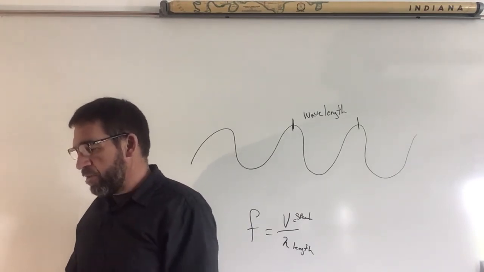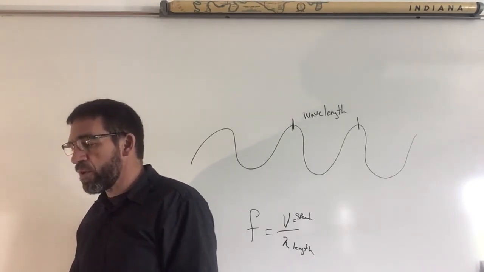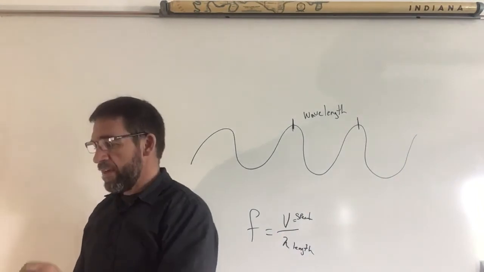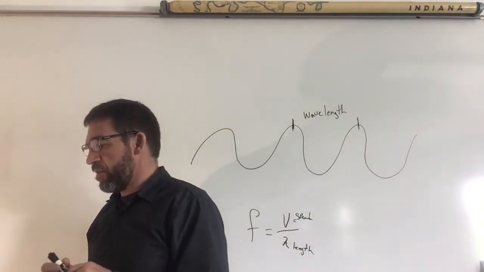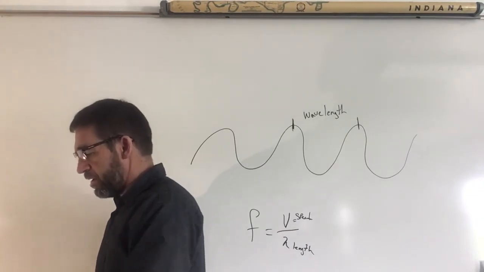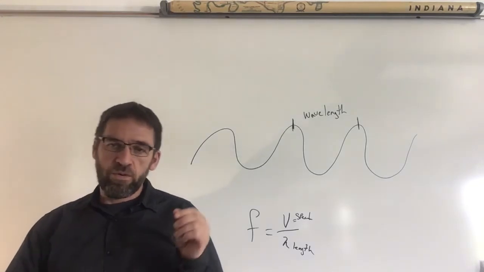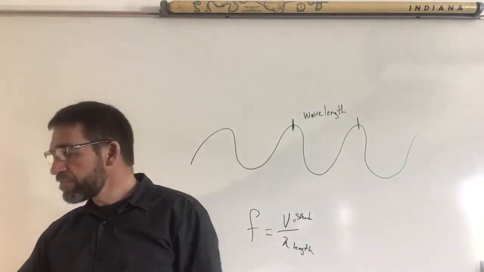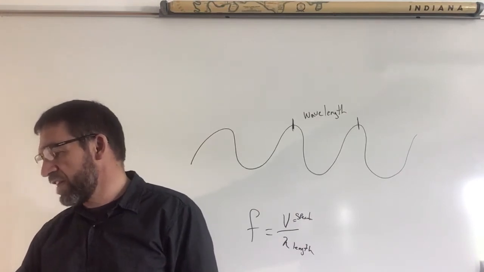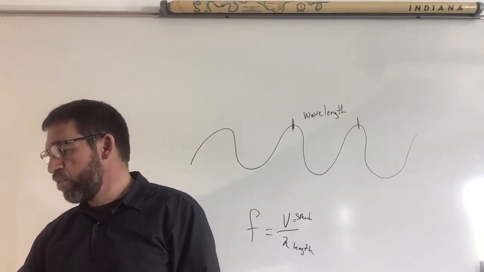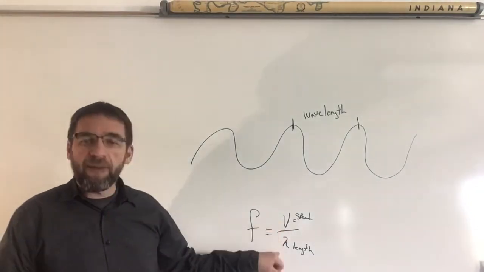I think I am ready to get over to example 14.1 on page 344, and we're going to do a little math problem here. If you look on that page, you'll need to figure this with me. It says, what is the frequency of a wave that travels at the speed of 3 meters per second and has a wavelength of 0.5 meters? We're going to use this formula.